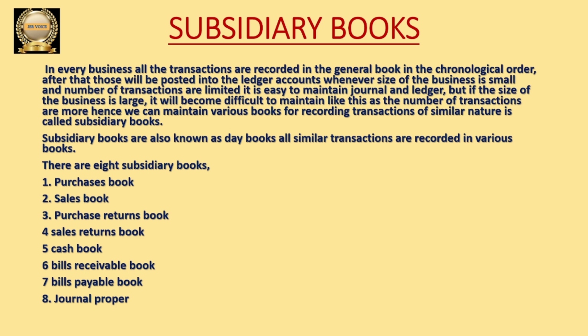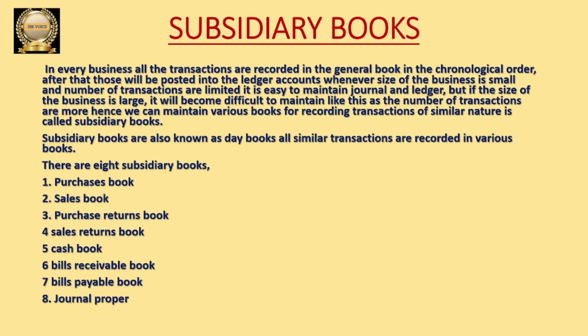Whenever they want information about a particular transaction, they open that particular book and search for it. It is an easy task to find out when the transaction occurred and what the amount is. So the details will be available easily. This is the use of subsidiary books.